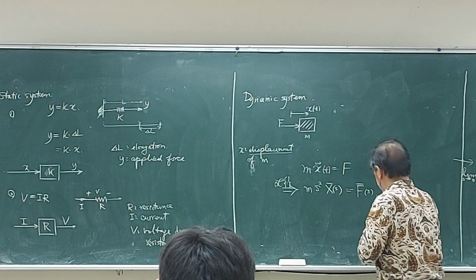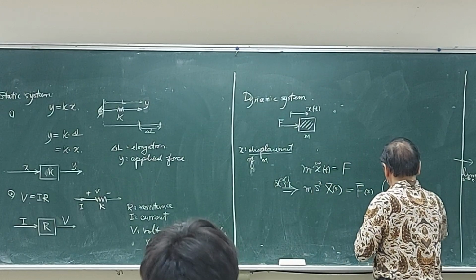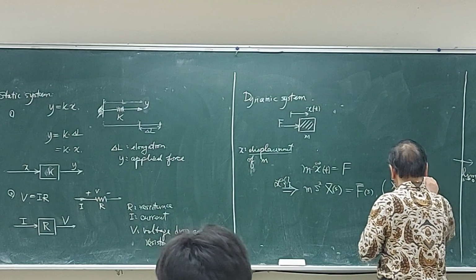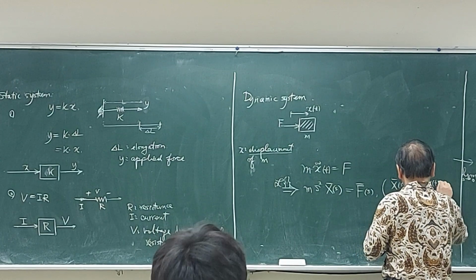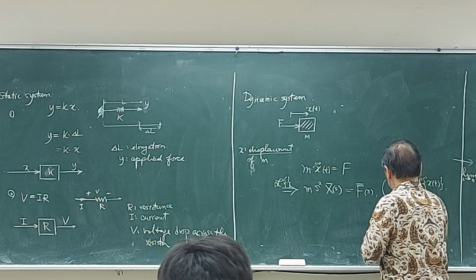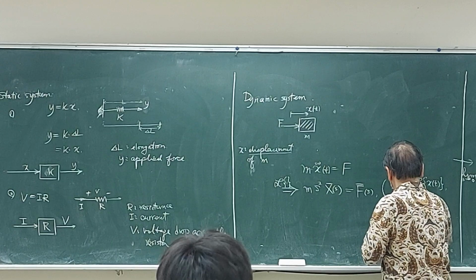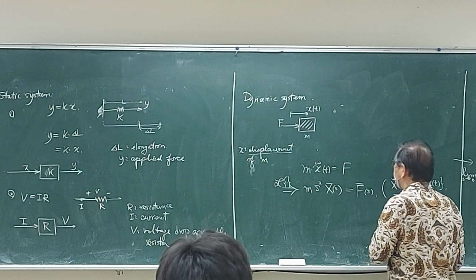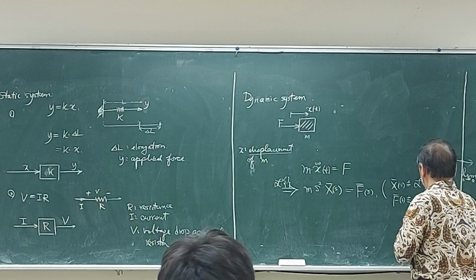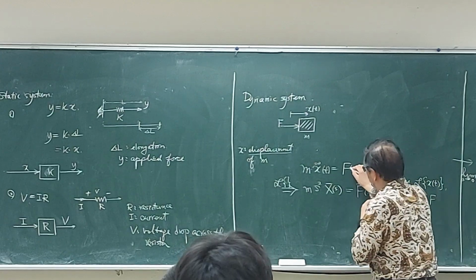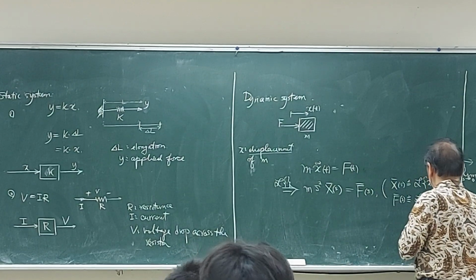Where X of s we define as the Laplace transform of x of t, and F of s is the Laplace transform of f of t. This can be a function of time, doesn't matter.